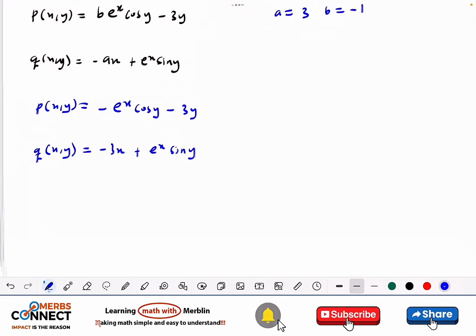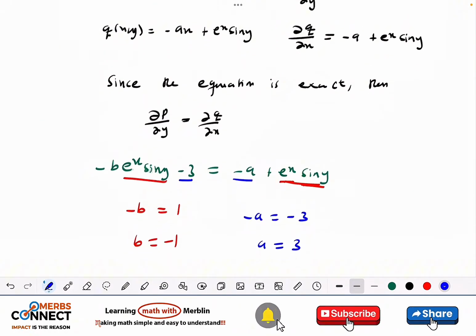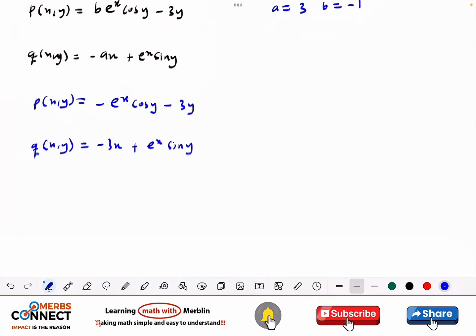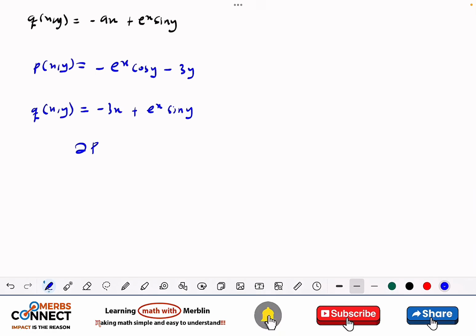Basically, since this is exact, we've done the exactness already because the question told us that it's exact. So we need to just go ahead and say that there is a function such that, and then we just do it that way. So we know that when I differentiate P with respect to y, this is going to be e^x sin y minus 3, and when I differentiate Q with respect to x, I'm going to have minus 3 plus e^x sin y.